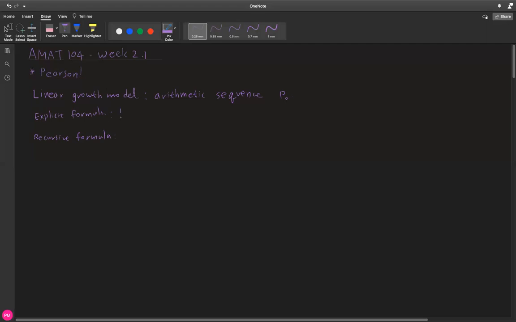The explicit formula is the initial population plus the number of generations times D. The recursive formula is P sub n equals P sub n minus 1, the previous term, plus D. Given the initial population P0, the next population is P1, the population after one generation, then P2 after 2 generations, and so on and so forth.